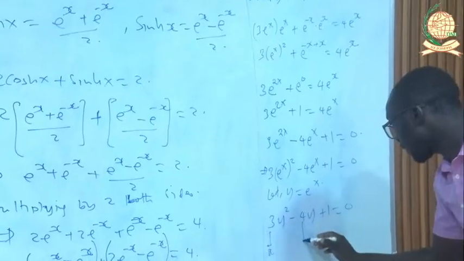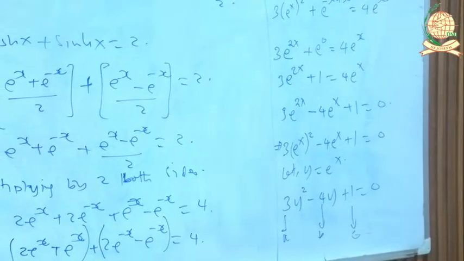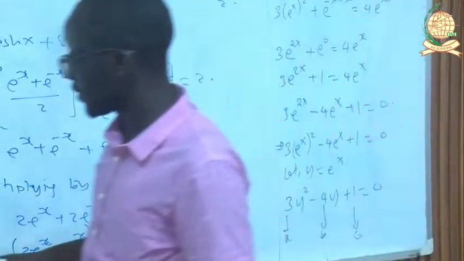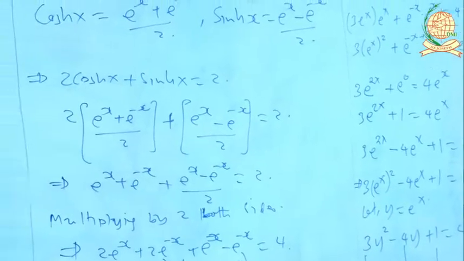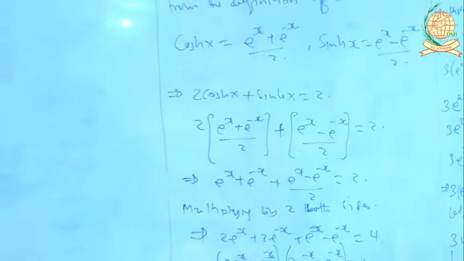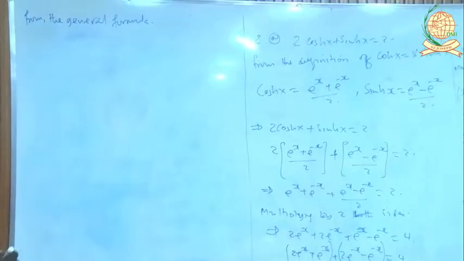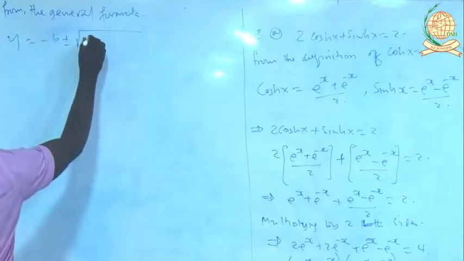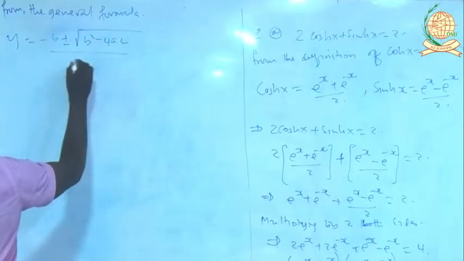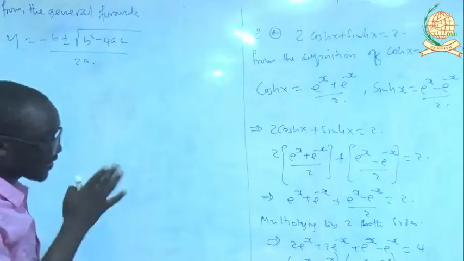Coefficient of y squared, b here, the coefficient of y, and the constant c, which is free from y. And the rule says the value of y from that equation is given by the general formula: y is negative b plus or minus the square root of b squared minus 4ac, out of 2a, where a, b, and c are coefficients of y squared, y, and the constant term respectively.